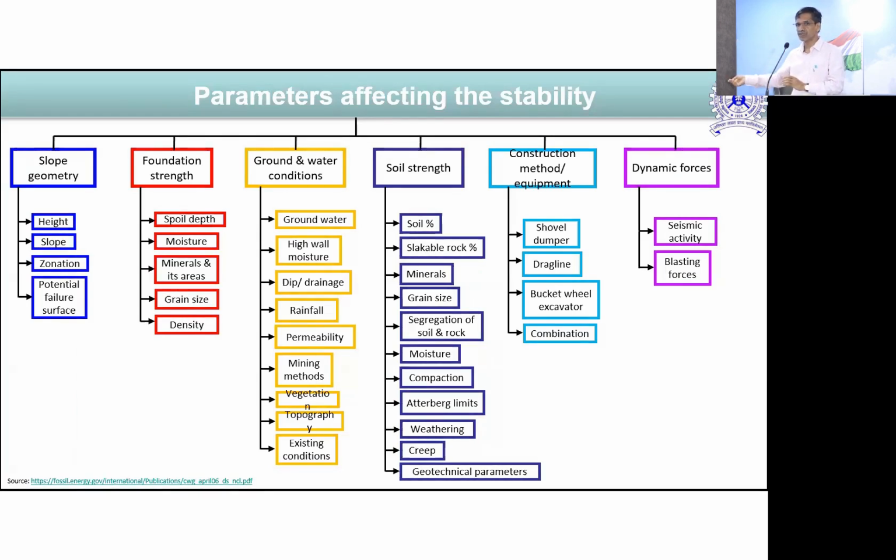So blasting is an issue and seismic is there. Many times during operation it has failed, because it also depends upon the equipment, particularly in coal mines. During operation many times the dump has collapsed. So the strength parameters, and then the groundwater.